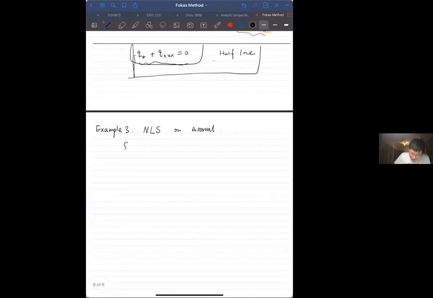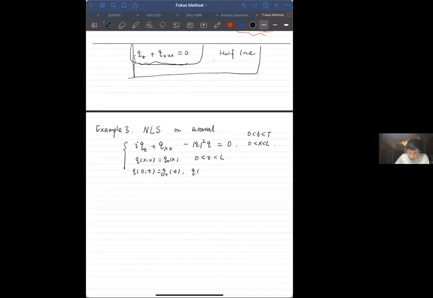The equation, let me write it down: iq_t + q_xx − q, and we are talking about the defocusing case, with T bounded by capital T. So q(x,0) is q naught, and we need 2 boundary conditions at least: q(0,t) is g0(t) and q(L,t) is f0(t).